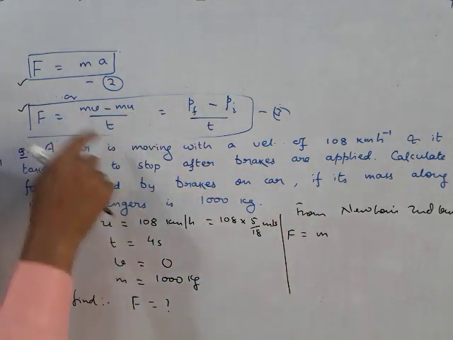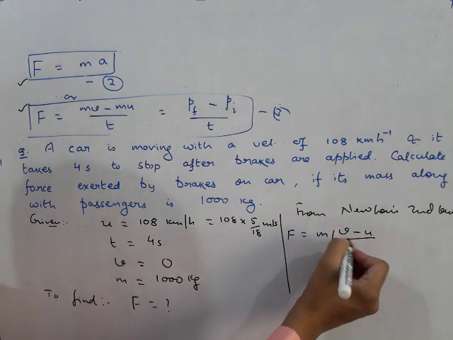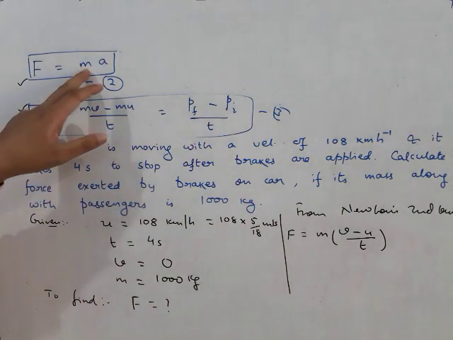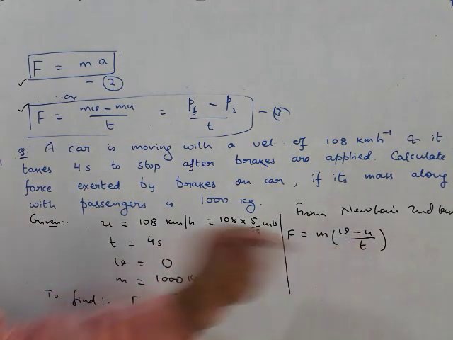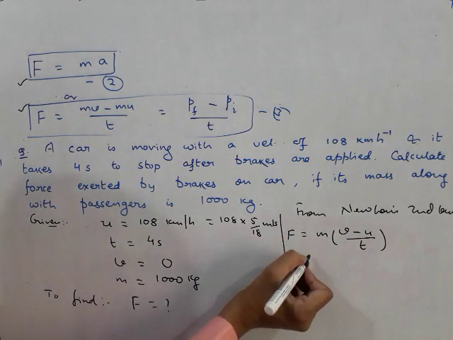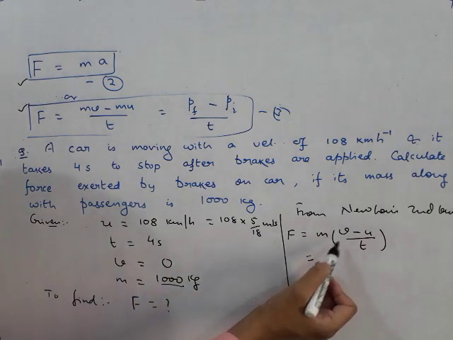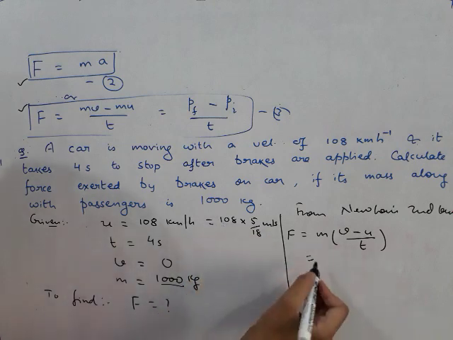So I can take m common and write m times (v minus u) upon t. You can also understand this from m times a, where acceleration is (v minus u) by t. Mass is given as 1000 kilogram. v is 0. u you will calculate, and t is 4 seconds.